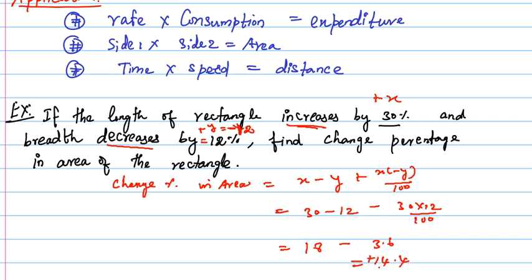This is a positive quantity. So finally the area increases by 14.4%. So this is the meaning.